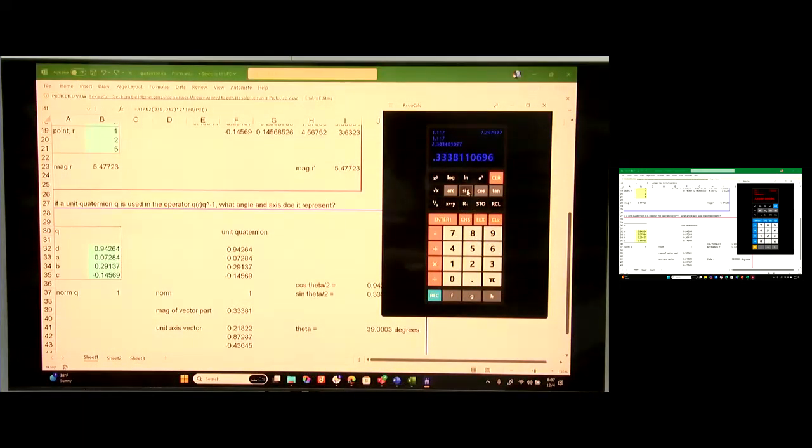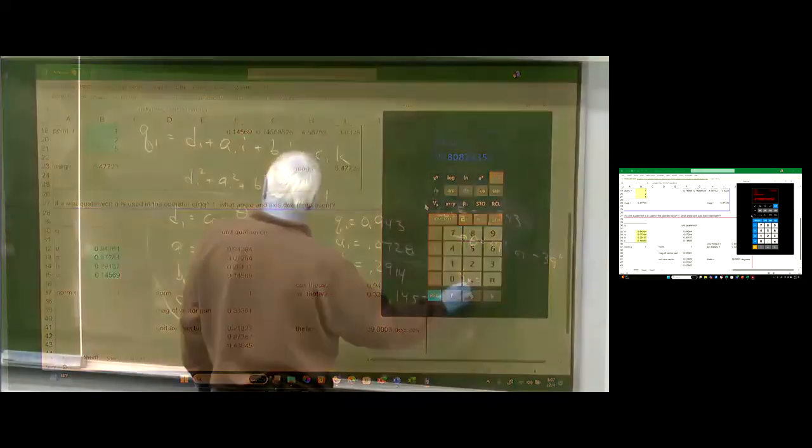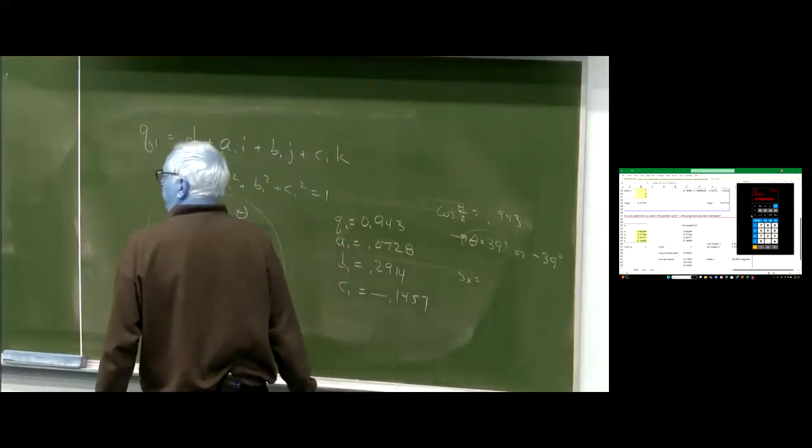And what have I got to do with that? I've got to divide that into A1. A1 is 0.0728. So I'm going to divide it, and then I'm going to 1 over x it. So it looks like we're getting, for this case, Sx is what, 0.218.